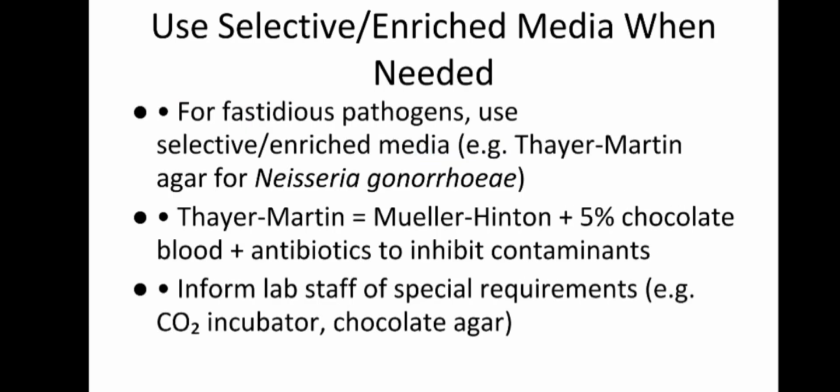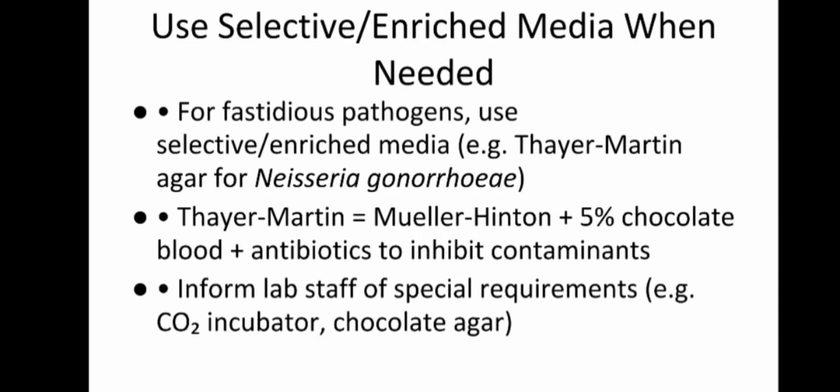Then use selective or enriched media when needed for fastidious pathogens, just as we discussed. For Neisseria gonorrhea, Thayer-Martin agar is a chocolate blood medium with antibiotics to suppress the other flora. It doesn't actually contain chocolate.